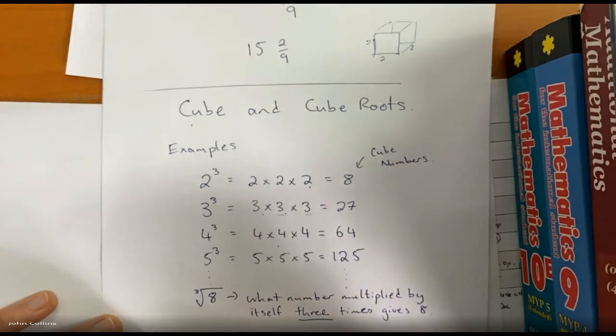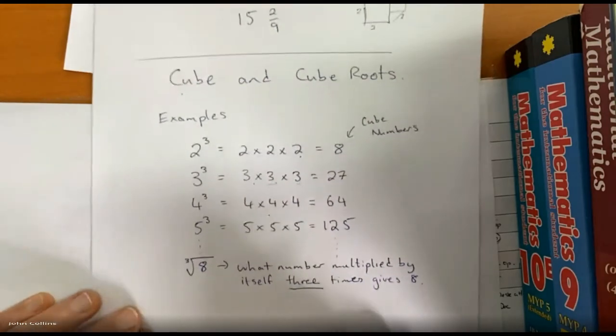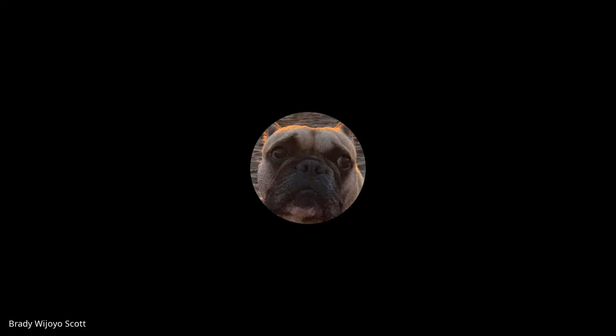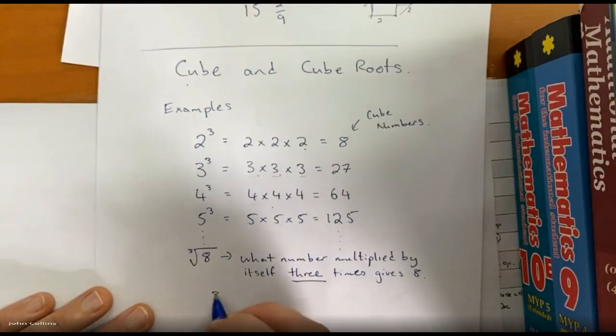So what number multiplied by itself 3 times gives 8? Two. Yeah, 2. So the cube root of 8 is 2.